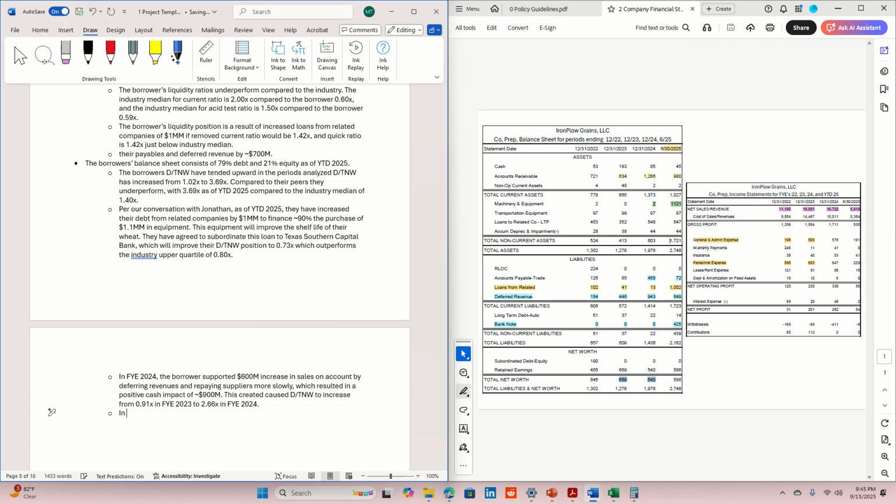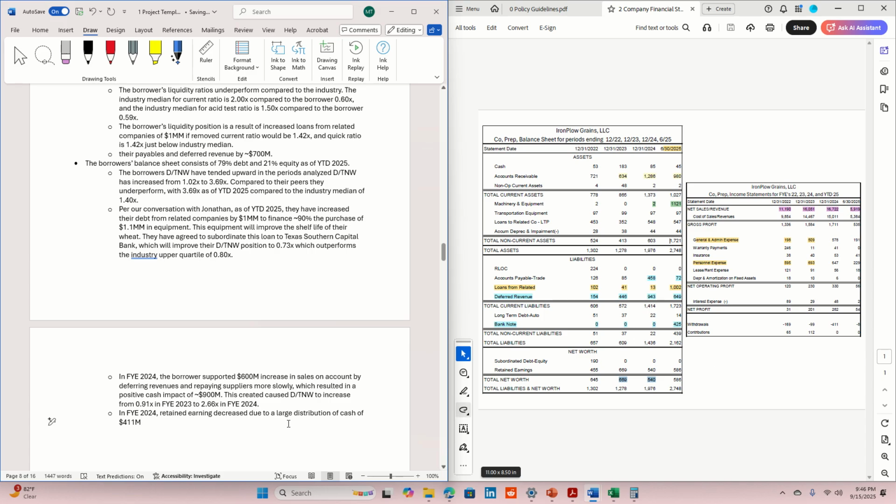But in fiscal year end 2024, retained earnings decreased due to a large distribution of cash of, it's not, 411,000.